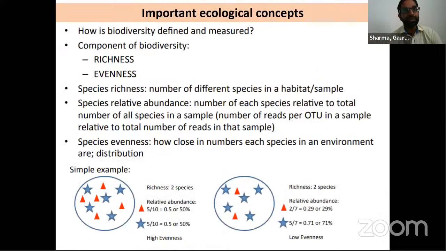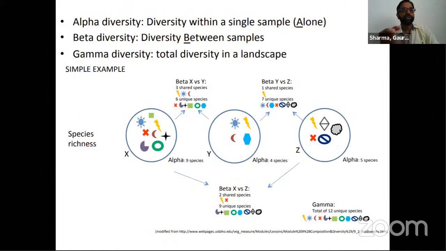We can also find out some different ecological concepts when we do these kinds of studies. We can find out how rich that particular environment is, or how even that particular environment is. These are ecological aspects which we try to understand. We can identify alpha diversity, which is the diversity present in a single sample, one sample only.